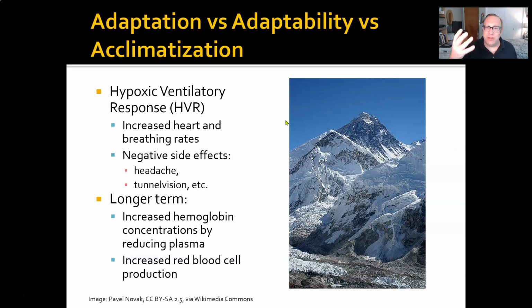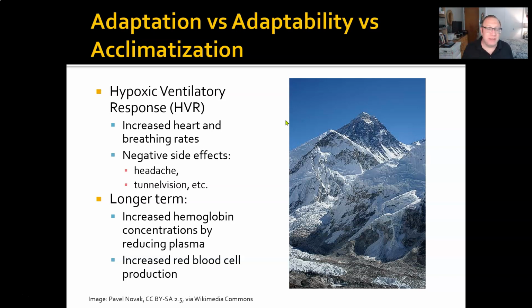And that's because with less oxygen saturation, in order to get enough oxygen into your bloodstream, you have to get more air through your lungs. So your heart pumps the blood faster and your breathing goes up and becomes deeper so that you can get more oxygen in. But it has some negative side effects like headaches and tunnel vision, etc. if it happens too quickly.